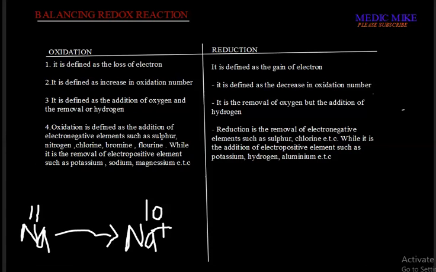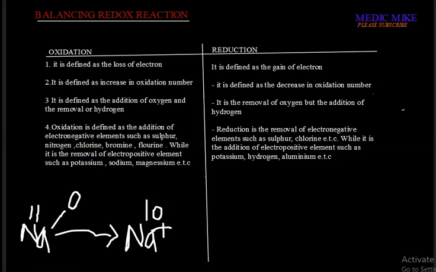Now, our number 2 says that it is defined as the increase in oxidation number. The increase in oxidation number is simply saying that at this point the sodium atom has a charge of 0 because its electron is counterbalancing its proton, therefore having the same proton and electron ratio, which makes its charge 0. So at this other point there is an unequal distribution of proton and electron.